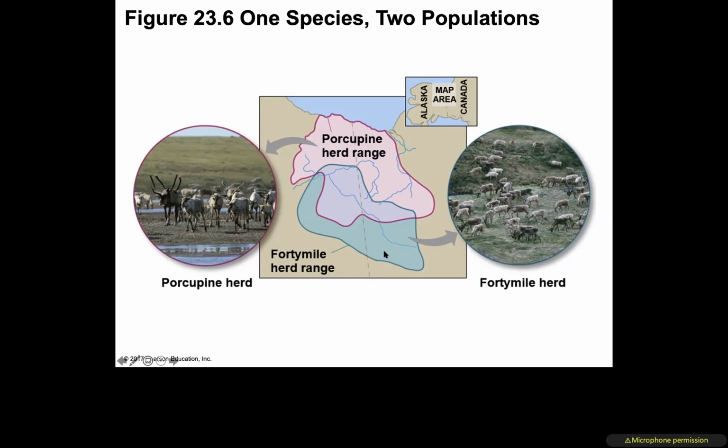And then they have their own general separation of land and range, but you can see there's a crossover of this range right here. And what we're looking at is a map of Alaska and Canada. So, like I said, they're not always separated by a geographical separation, but sometimes they just tend to separate themselves from other herds.